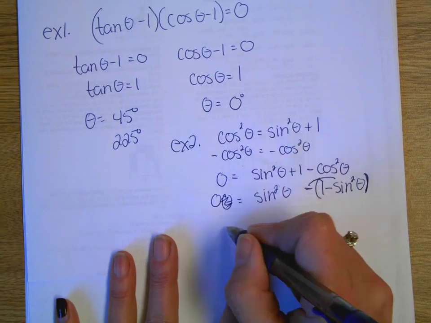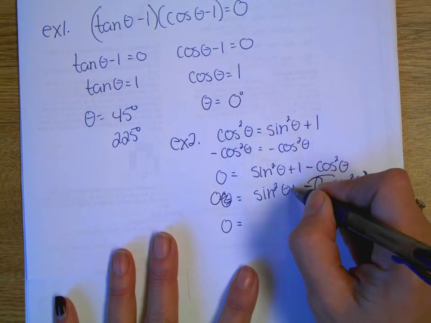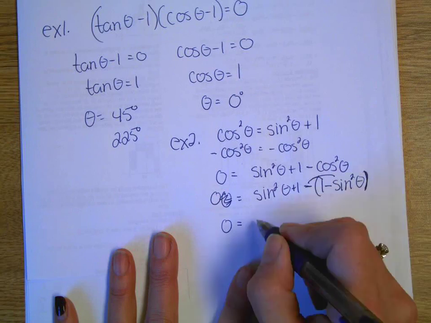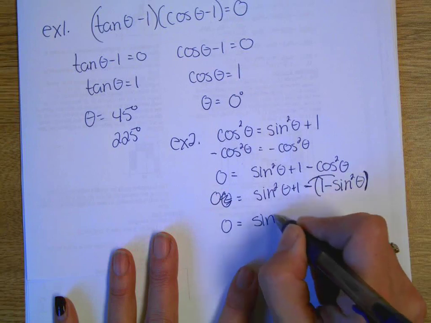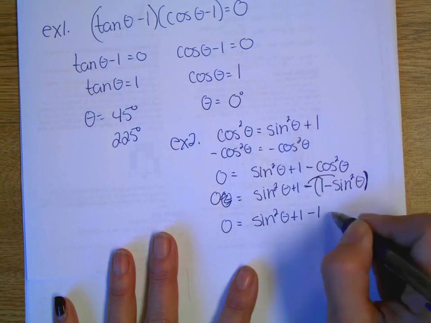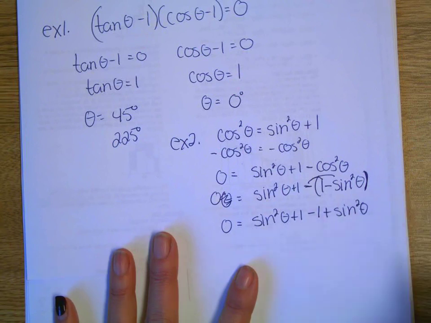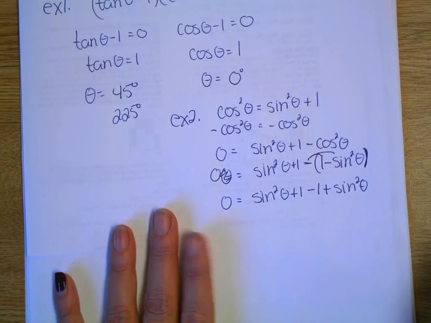Let me distribute the negative. Oh, not theta. This was supposed to be 0. Plus 1. So sine squared plus 1 minus 1 plus sine squared. Oh, and then the ones will cancel. The ones will cancel.